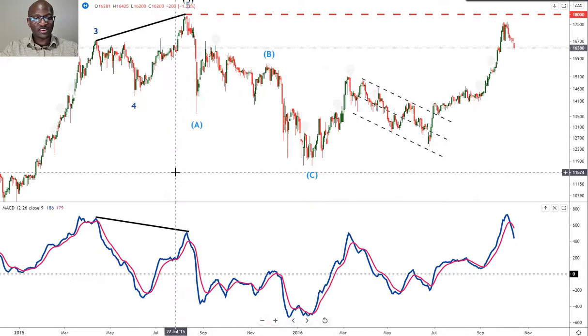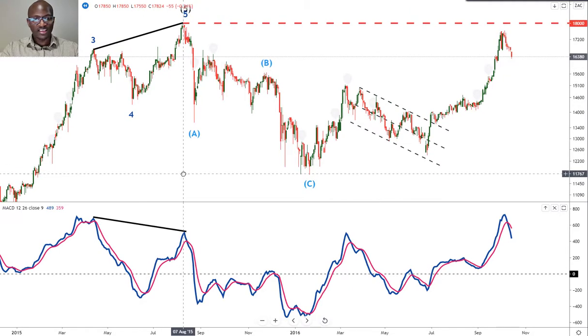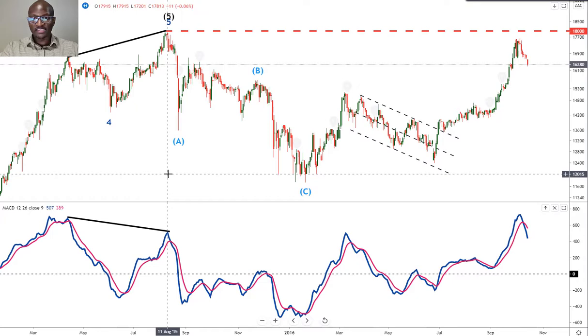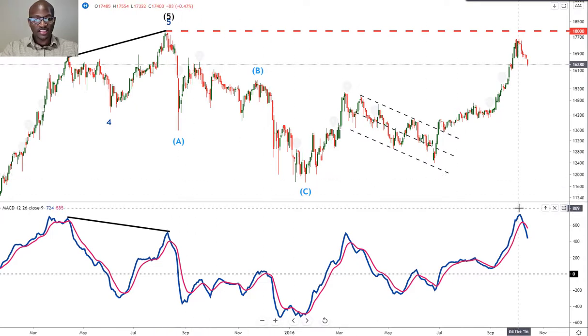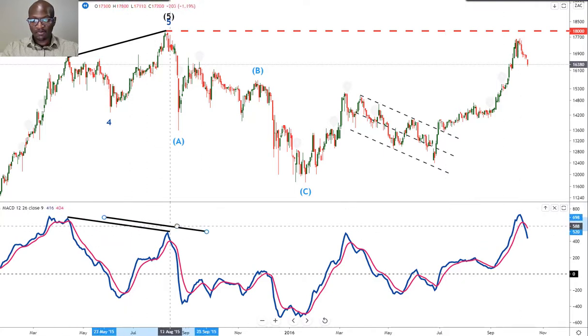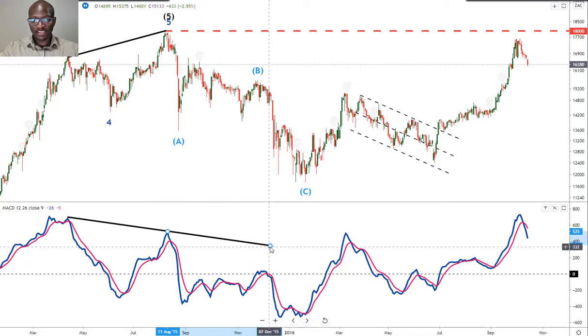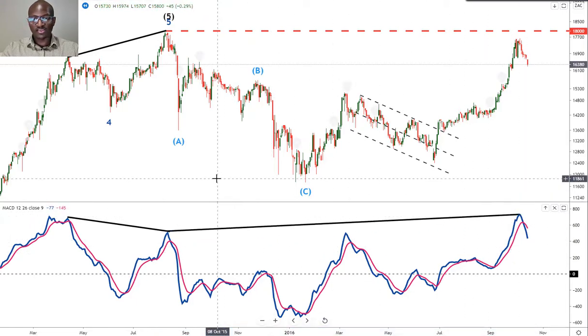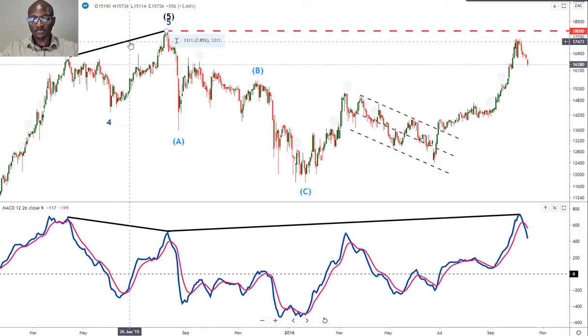now this is one of the great teachings I got from the late Dr. Clive Roffey. If we look at the MACD at the peak of wave 5 and at this most recent peak here, we can see that the MACD made a new high. But this new high was not confirmed by price.